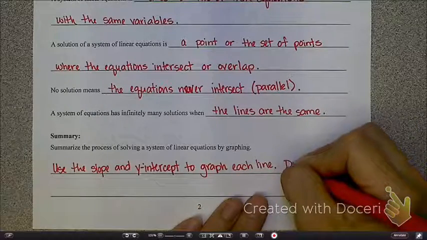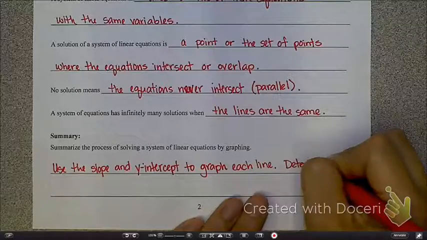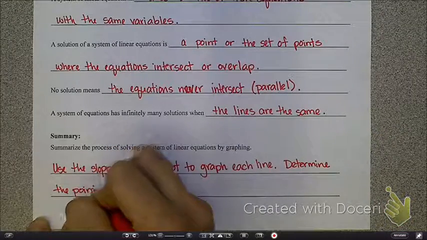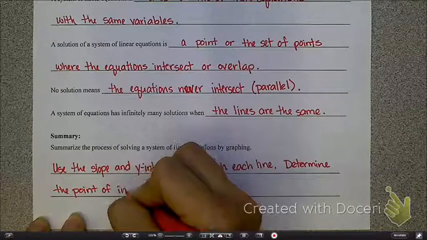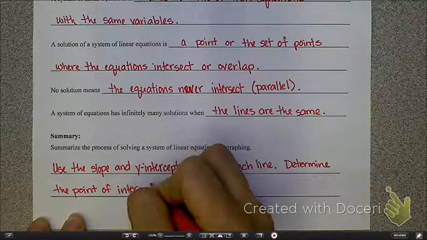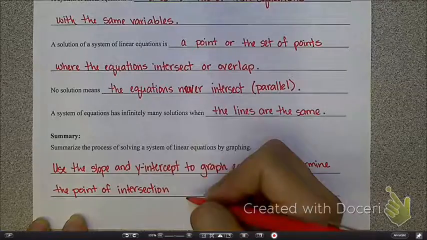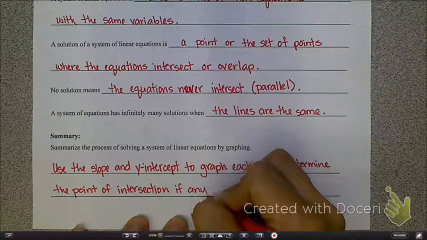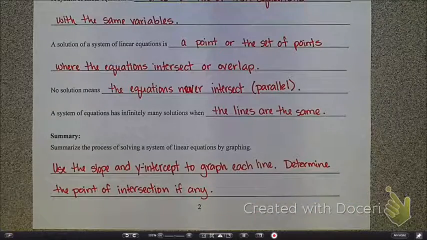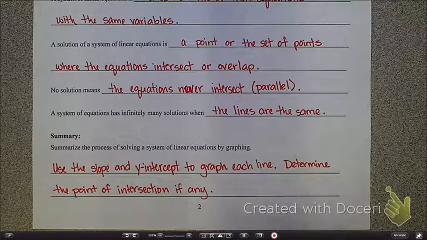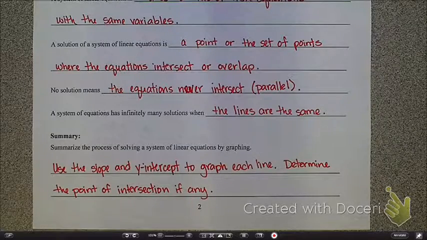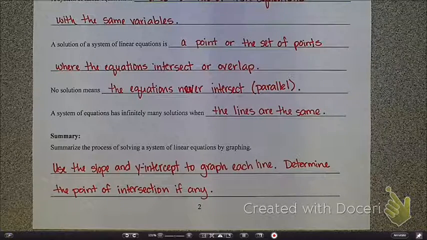Then we're going to determine the point of intersection, if there's any point of intersection. Because remember, sometimes we won't get a point of intersection if the lines are parallel. Any questions about that? All right.